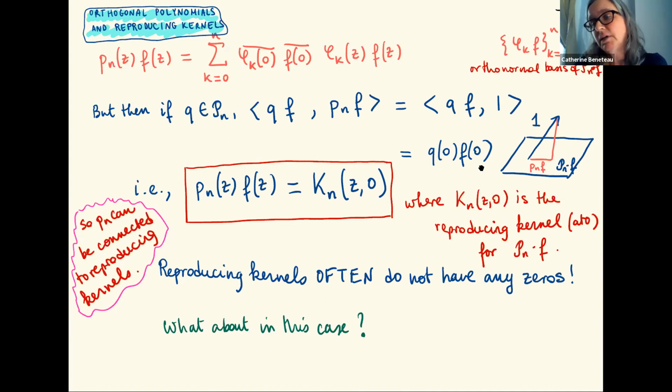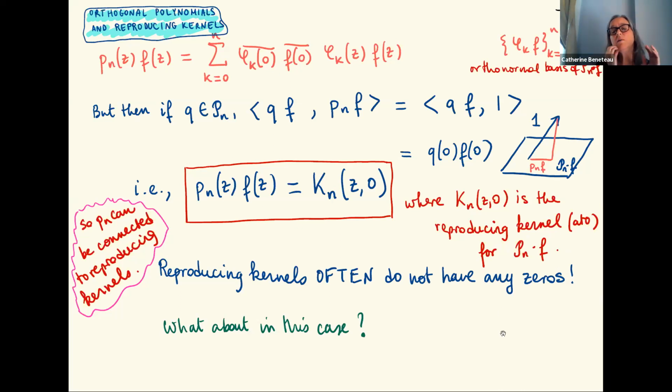What does that tell me? That tells me that this Pn f is a reproducing kernel for this space at 0, right? Because if I take qf against that function, I get the value of qf at 0. Okay, so that means that Pn is not only connected to these orthonormal polynomials, but Pn times f is actually a reproducing kernel at 0 for this nice finite dimensional space.